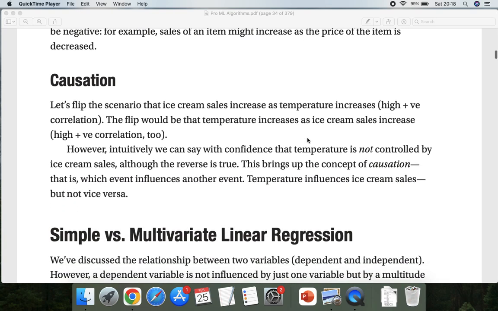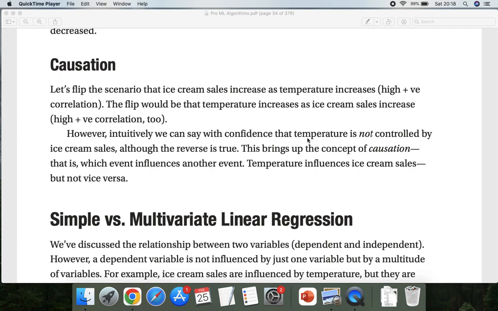So this is the story here. And then a very important concept is causation. Causation is actually about who is impacting whom. If we take the example of ice cream purchase and temperature, and we say that the ice cream sales increase as the temperature increases, this is a positive correlation. But if we flip this statement and say that the temperature will increase as the ice cream sales increase, this is also a positive correlation.